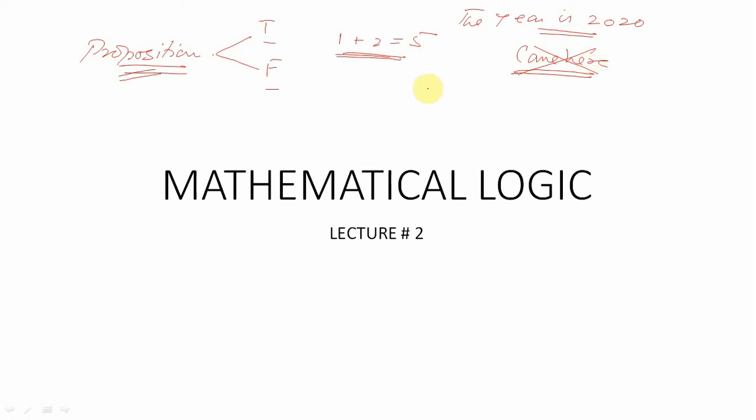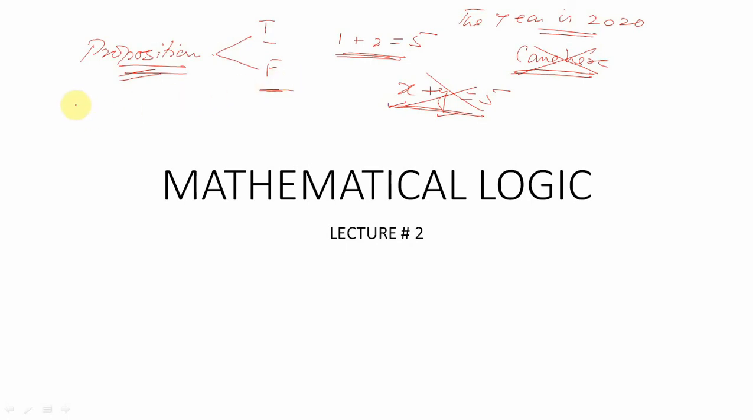If I say something like x plus y is equal to 5, the truth value of this statement will depend upon the respective values of x and y. So there is an ambiguity. So once again, this is not a proposition. A proposition is any statement that has a clearly defined truth value of either true or false.